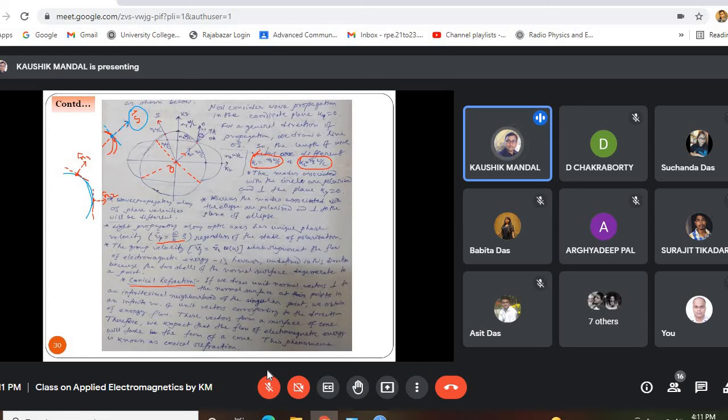That means at this crossover point, the energy associated with the corresponding light wave or electromagnetic wave will follow Poynting's theorem, and this direction of energy flow will be perpendicular to this surface.